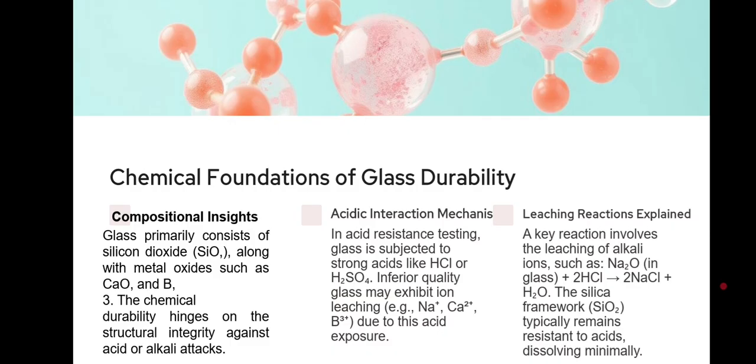When acids like hydrochloric acid or sulfuric acid come into contact with glass, these added oxides can react and leach out as ions. For example, a typical reaction is Na2O (in the glass) plus 2HCl forms 2NaCl plus water. This means sodium ions leave the glass and enter the solution. However, SiO2, the backbone of the glass, is much more stable and resists this attack.